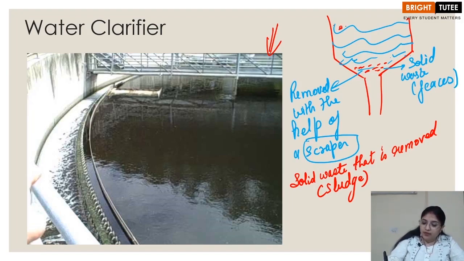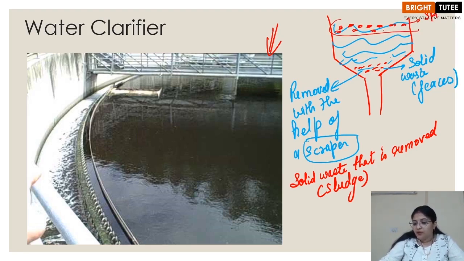But some of the things will float onto the surface of the water. These are removed with the help of a skimmer, right? So it is skimmed from the surface of the water.